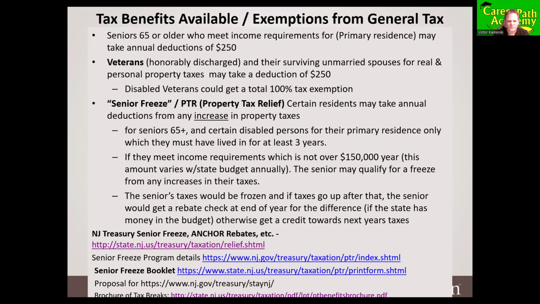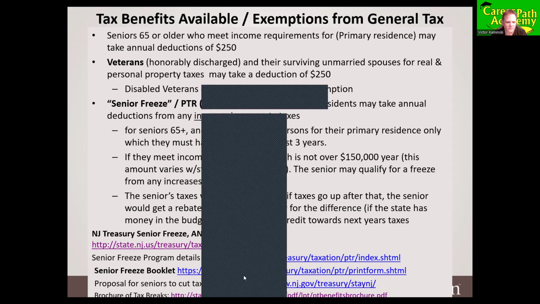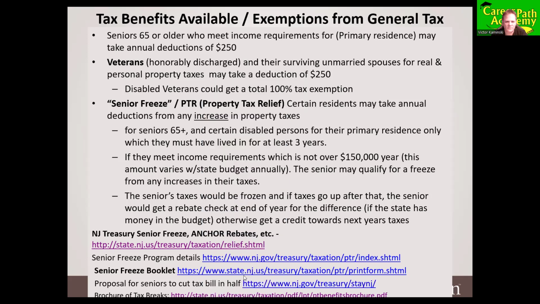Proposal for seniors to cut tax bill in half. I guess you could go to the actual page to see how that proposal works. So I don't put any additional information on that, and make sure that we get that all covered here.